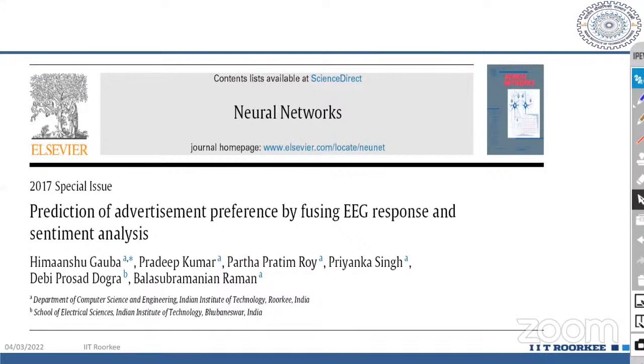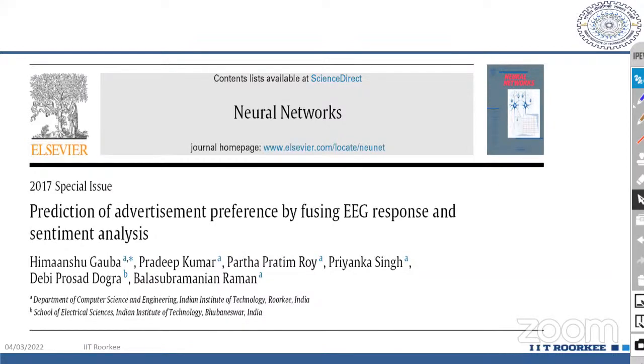Usually data mining researchers do this, and it has been going on for several years. Now the idea is, can we put the EEG on the same participants? When they are listening to the song, we put the EEG device on the scalp and acquire the data. And the same participants also have to give their feedback.